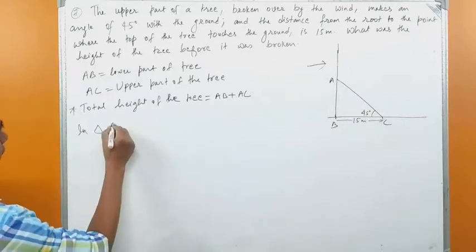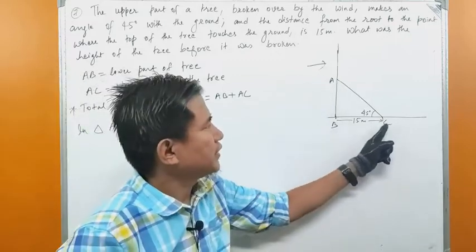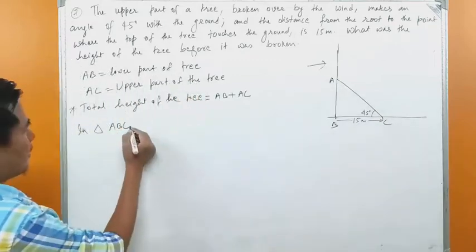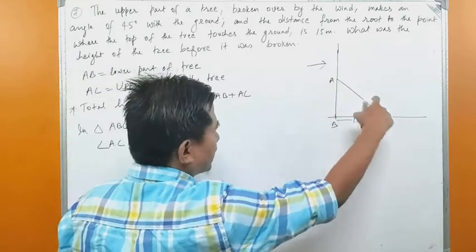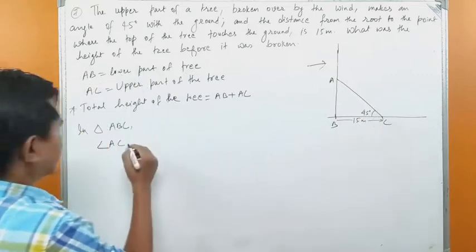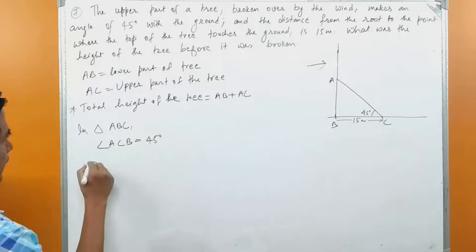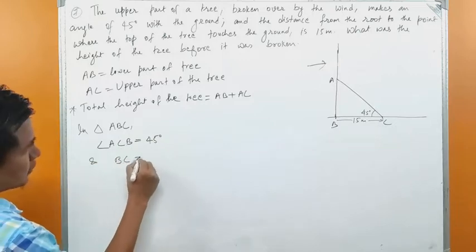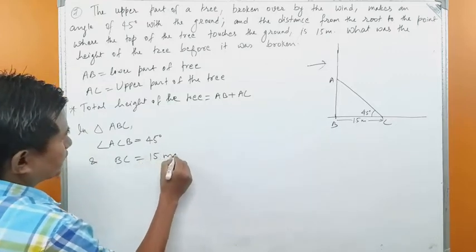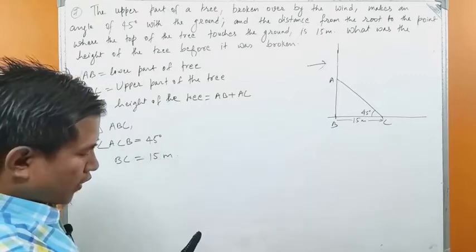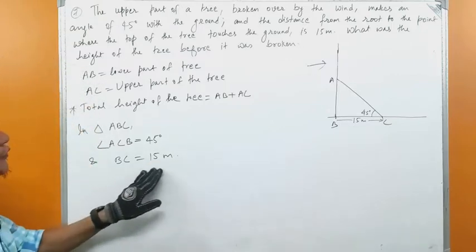In triangle ABC, angle ACB, C should be in the middle, angle C is 45 degrees, and BC is given to us. BC equals 15 meters. BC is the distance where the top of the tree touches the ground from its foot, isn't it? So BC is 15 meters.